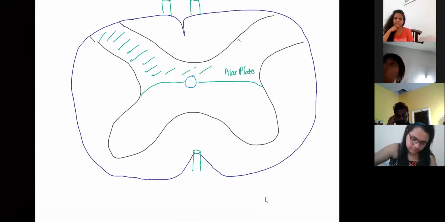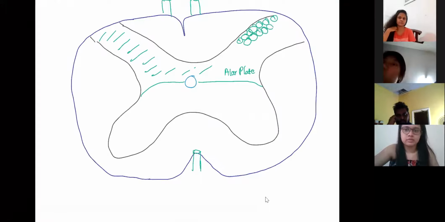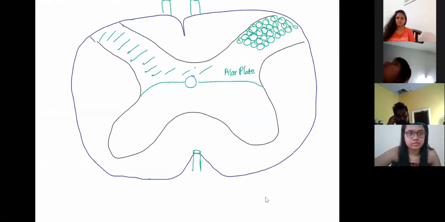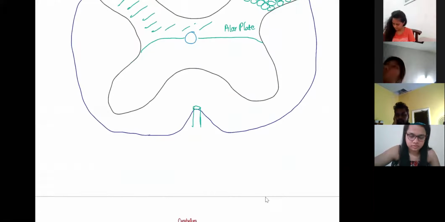So that region is going to be full of nuclei related to sensory systems. Okay, all sensory nuclei are related to the posterior part of the spinal cord, and this part is derived from something called the basal plate.